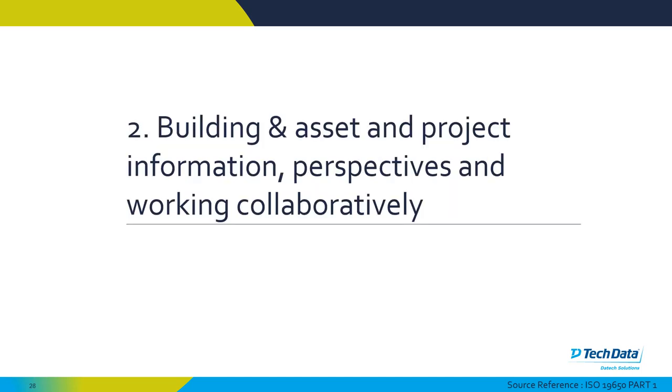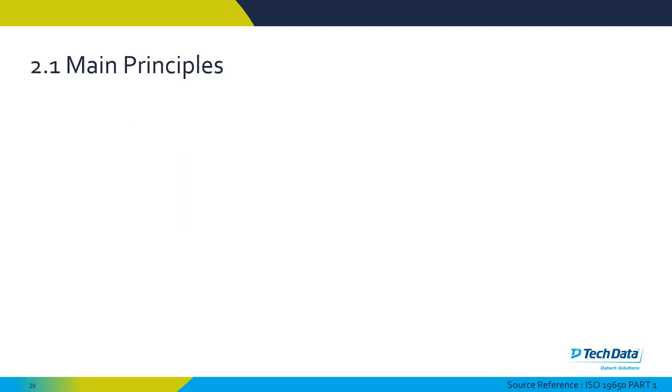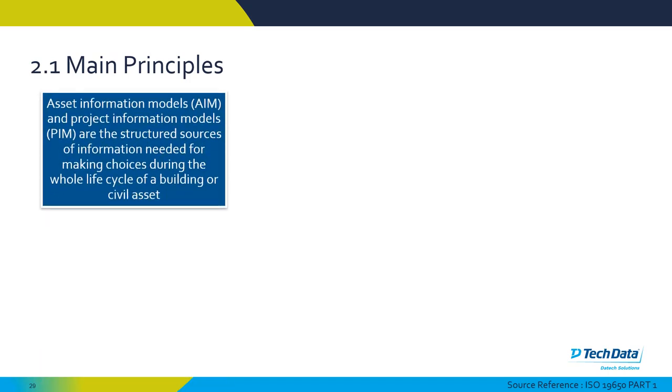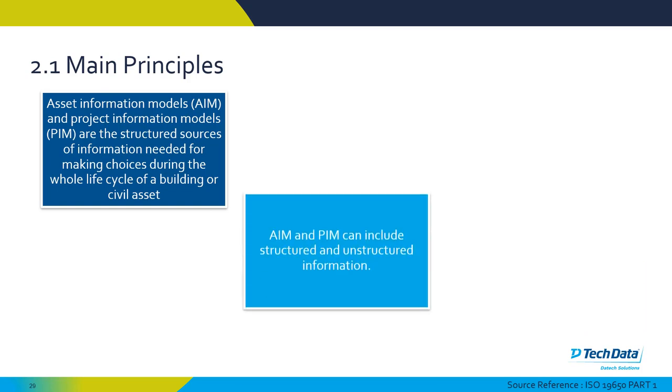And then section two looks at building asset and project information and different perspectives when working collaboratively as well. Some of the main principles include asset information models and project information models as the structured sources of information that are needed to make choices during the whole life cycle of a building or a civil engineering asset.